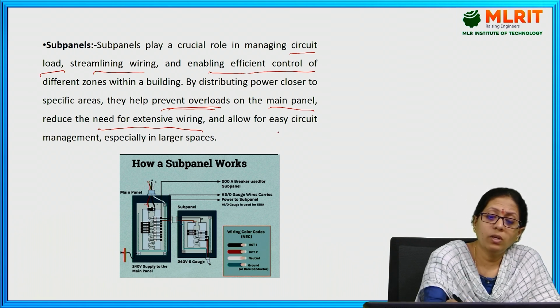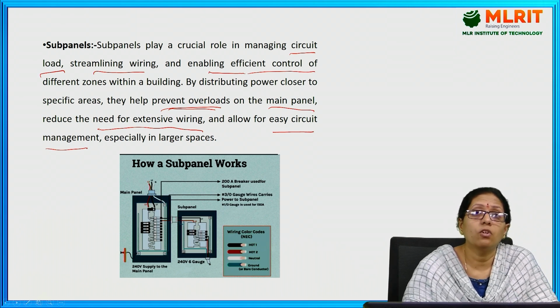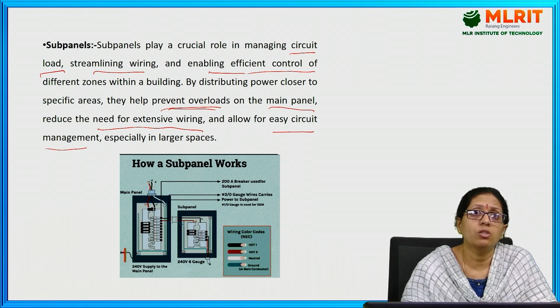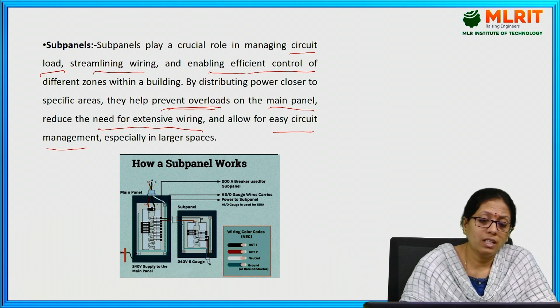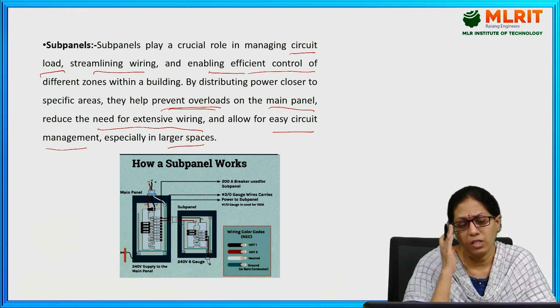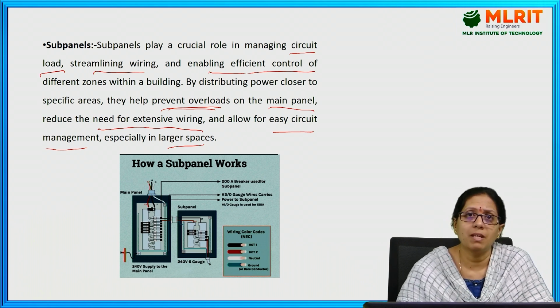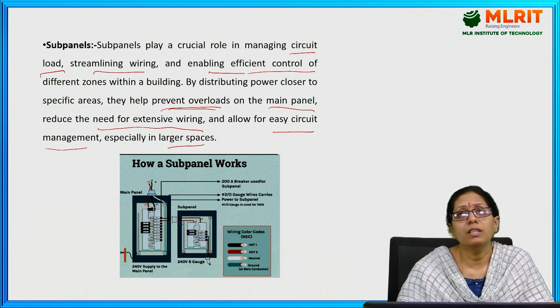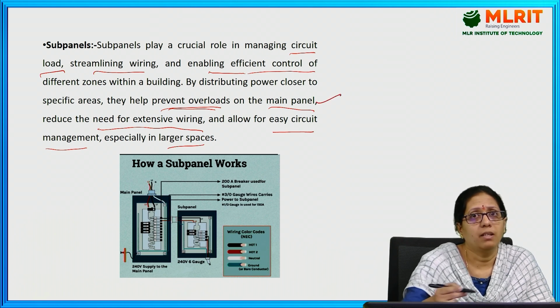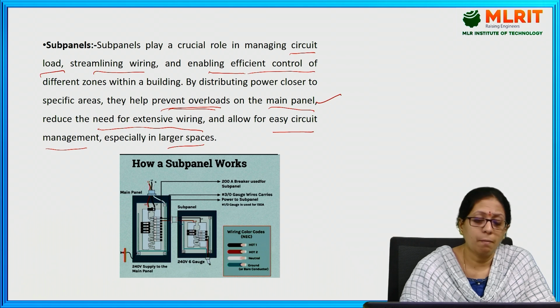It allows easy circuit management also. It is mostly used in larger spaces when the number of circuits is more, and all the sub panels are ultimately connected to the main panel.